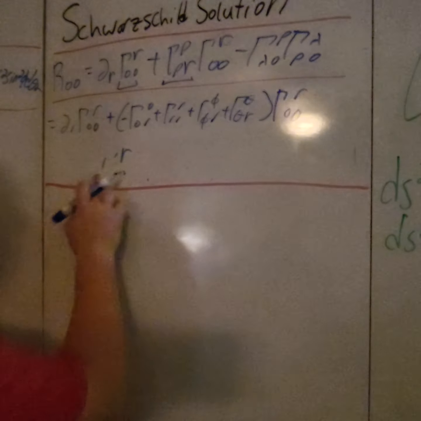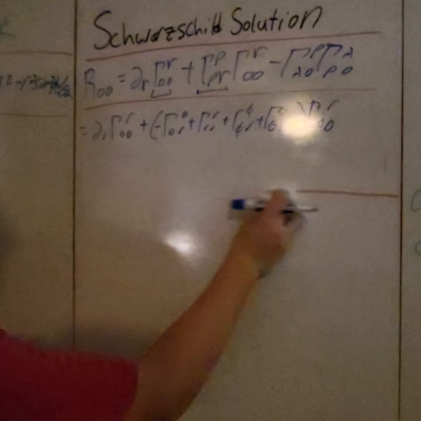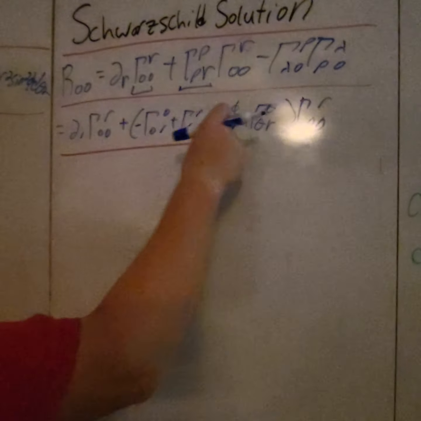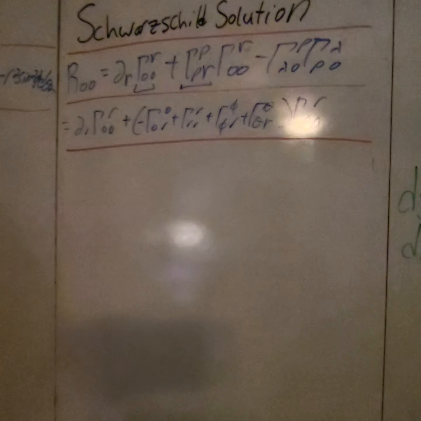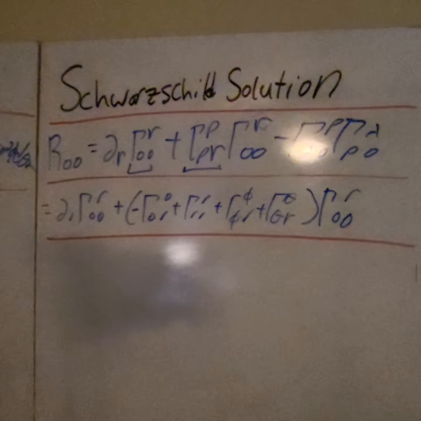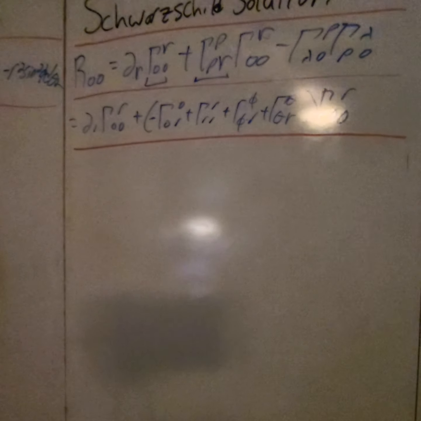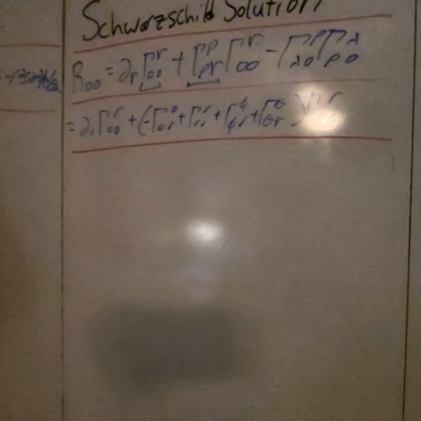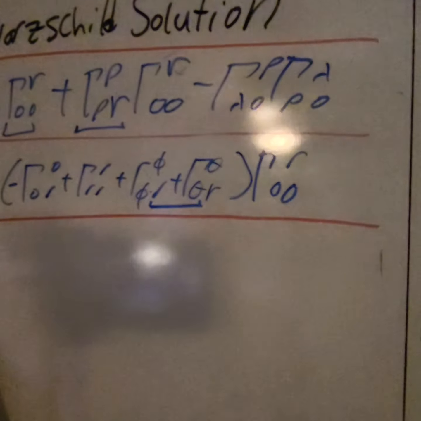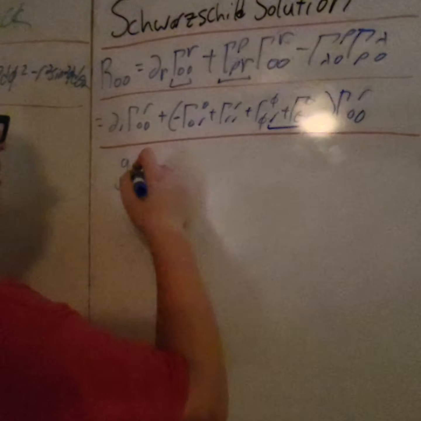So our R sub 00 term is that right there. I'm going to write that over here. Before I do that, I'm going to point out that these right here are actually easy to go ahead and get rid of. This is our first Christoffel symbol we'll actually calculate. So, let's see.